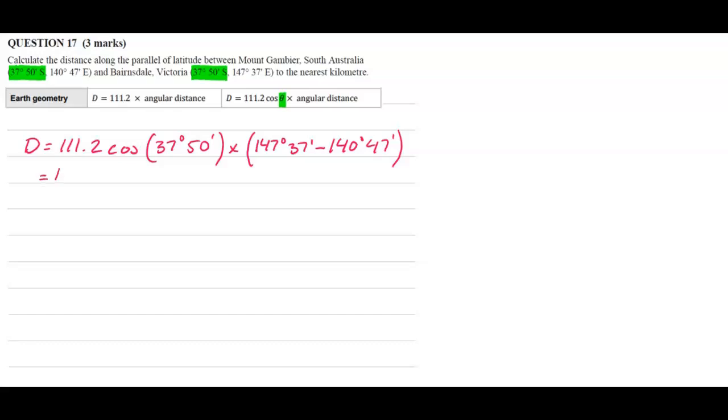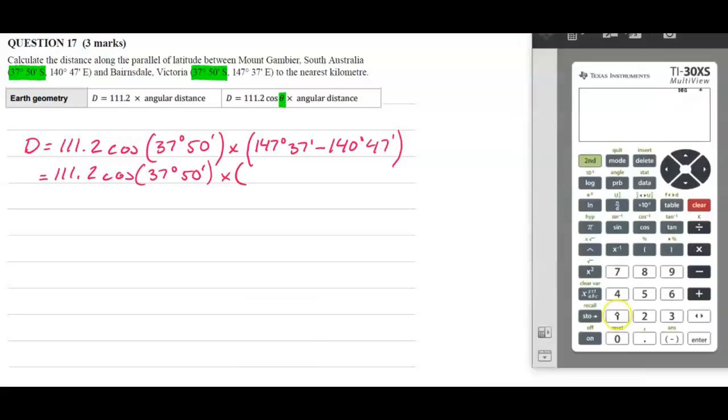I'm going to keep the first part as is, 111.2 cos of 37 degrees and 50 minutes. And I'm going to simplify my angular distance here. So let's have a quick look on our calculator. 147 degrees and 37 minutes minus 140 degrees and 47 minutes. 47 minutes will give us 6.8333.